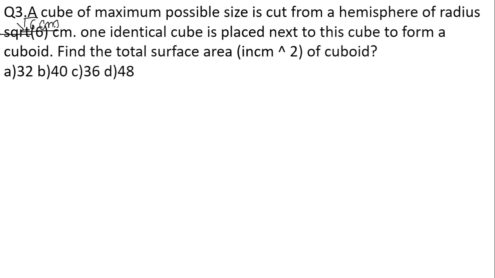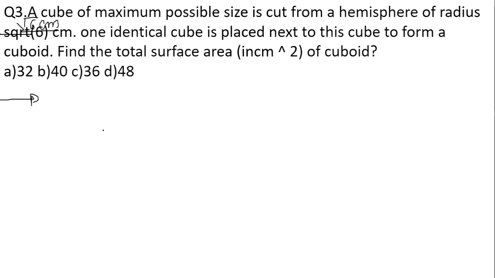Okay, so to understand this particular question, first thing that you have to understand here is that a cube of maximum possible size is cut from a hemisphere of radius. To understand this question, you can use directly one formula. First we'll explain the formula, then we'll come to the question.